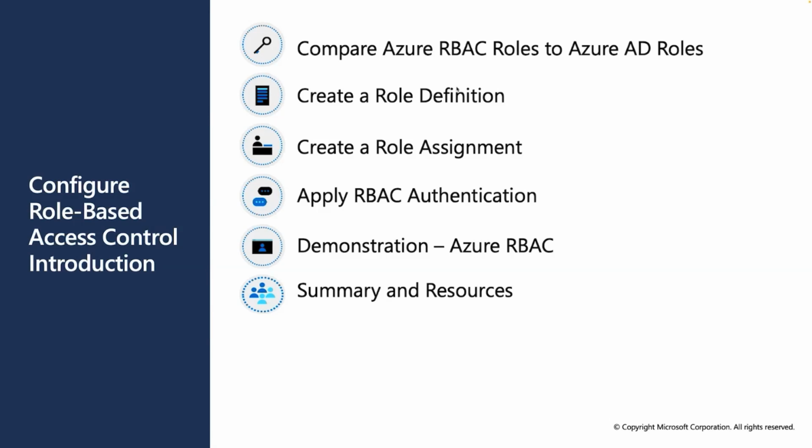You can define custom roles as well, or inherit an existing role and then customize it according to your need. How the role assignment works, you have also seen in the previous demo. And how you apply the RBAC authentication, you have also seen by applying user administrator permission to user one, and they performed their certain task.